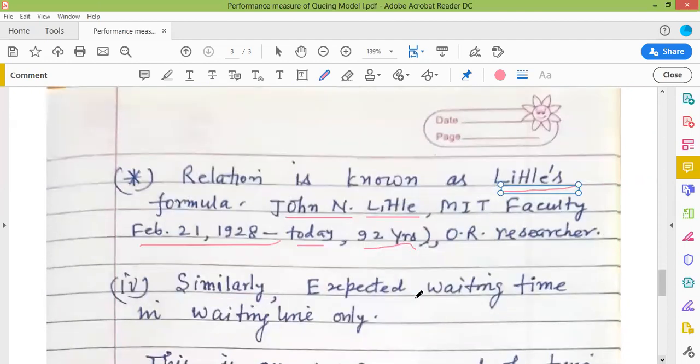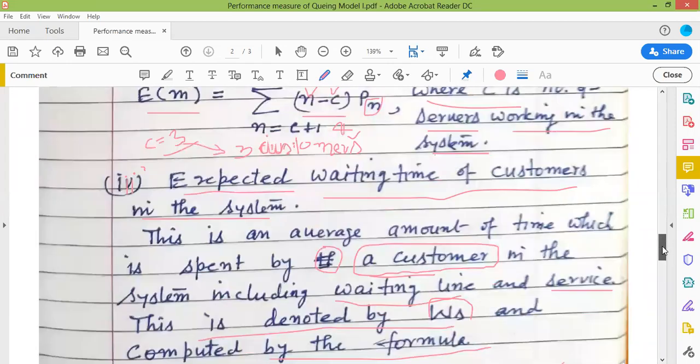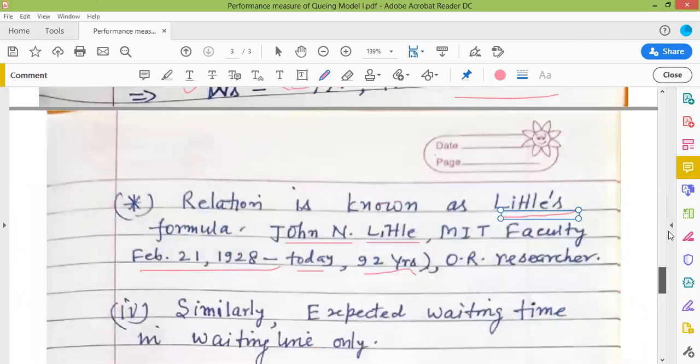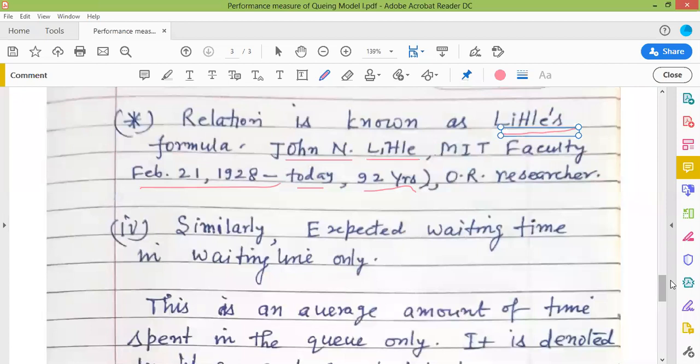Similarly, now the next one, using Little's law. This number is third, and this is fourth. Fourth is what?